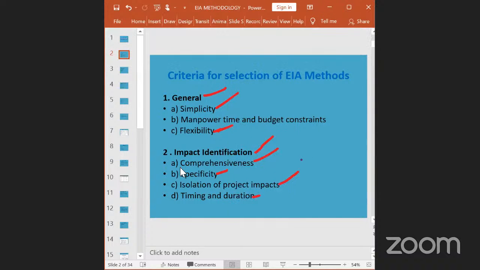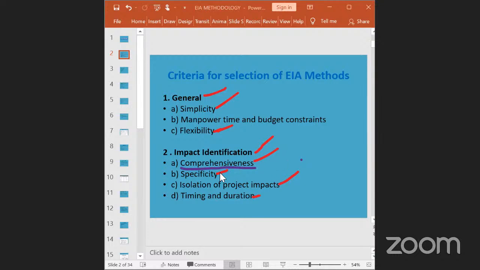Right? This methodology should be sufficiently comprehensive to contain all possible options and alternatives, and it should give enough information on them. That is to facilitate proper decision making, right?